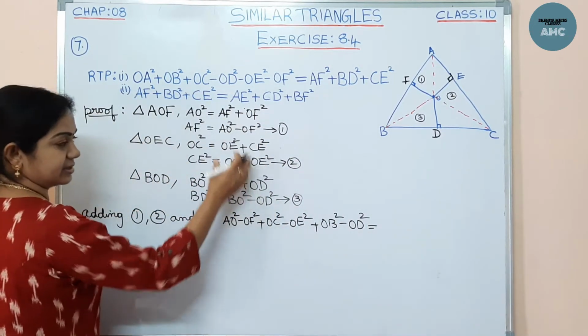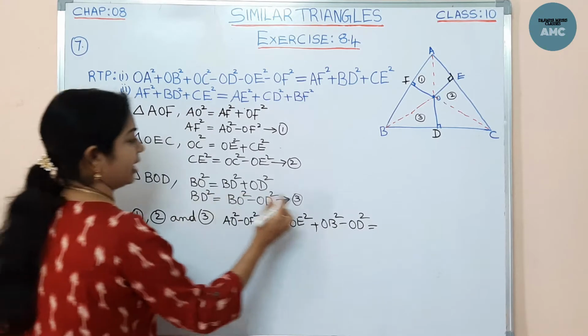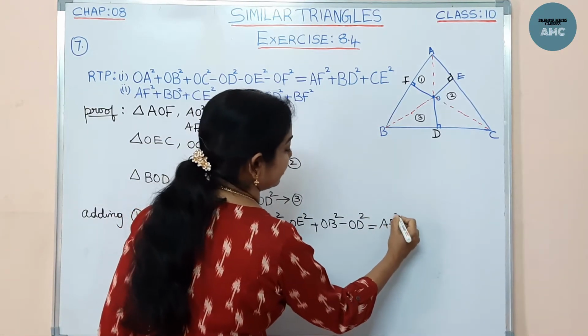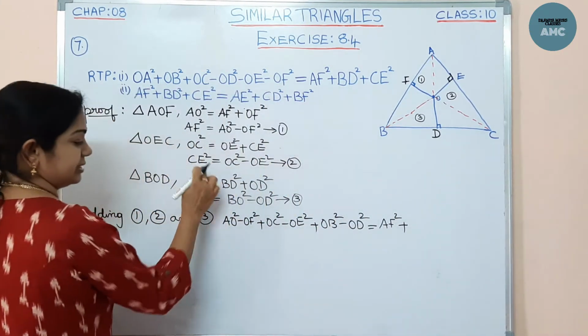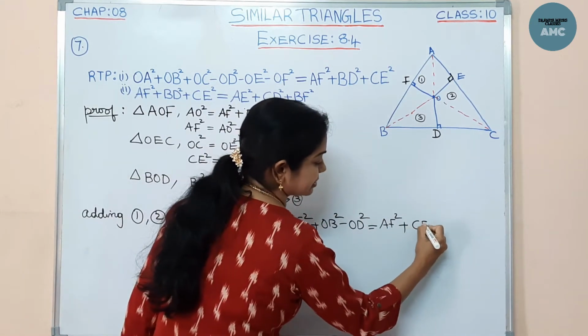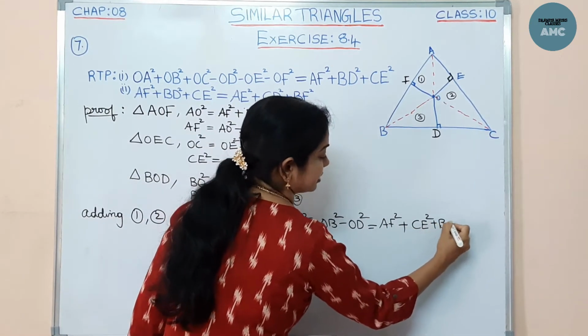LHS part I've added this RHS part; LHS part I'll add here: AF square plus CE square plus BD square.